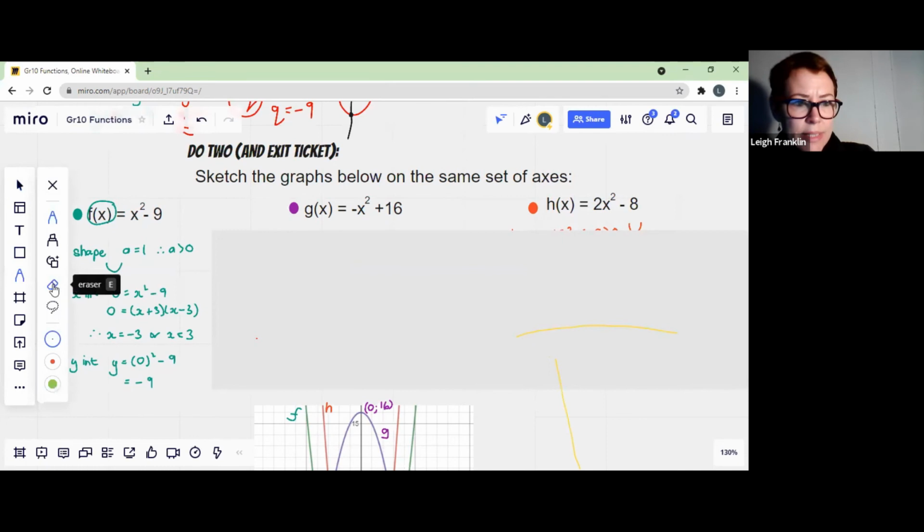Did you follow what I was saying? Yes, ma'am. Okay, perfect. Kelebogile, see if you can now draw the graph without me doing it for you, and remember to label your x-intercepts and your y-intercept.